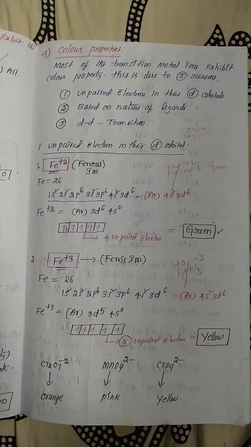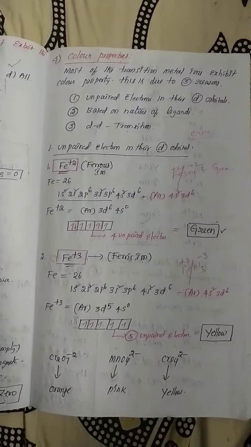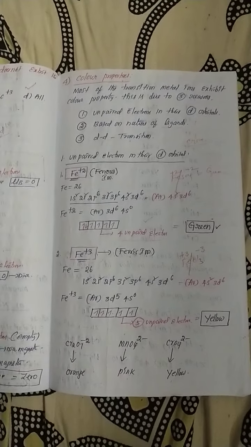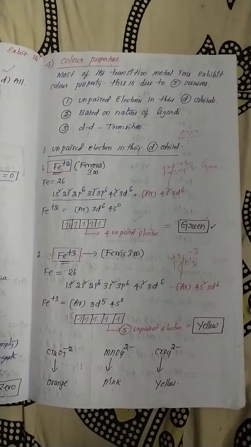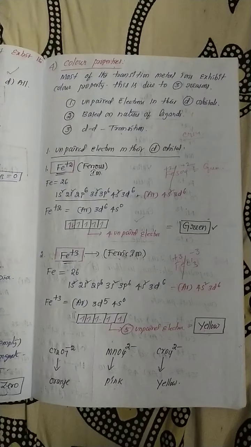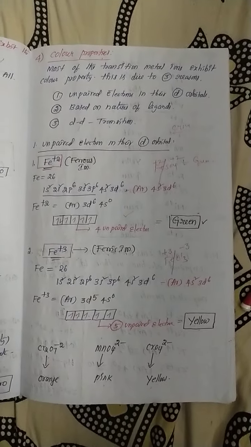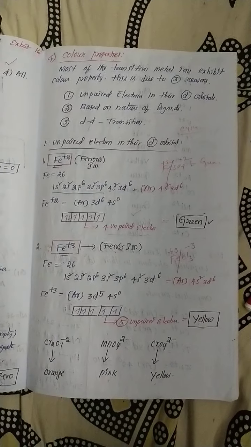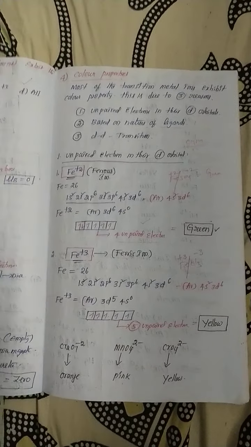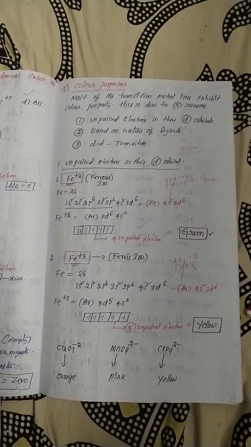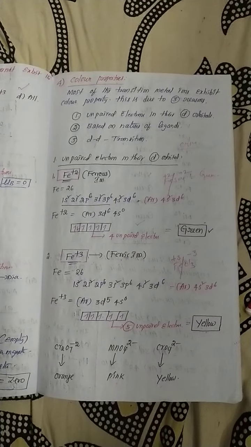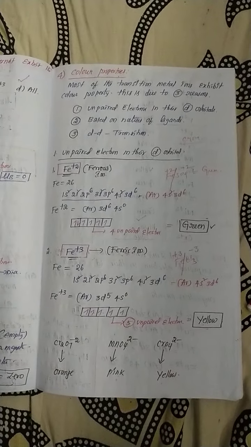See, one common point: variable oxidation state, magnetic behavior, color properties, formation of complex compounds, and formation of alloys and interstitial compounds. For all these properties, the similar reason is the unpaired electrons in the d orbital.